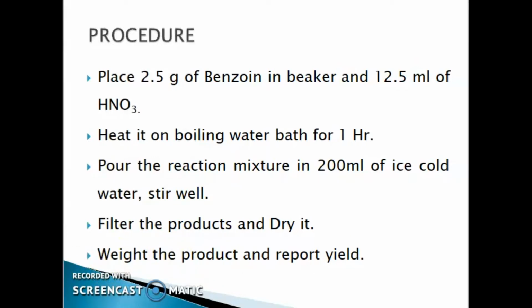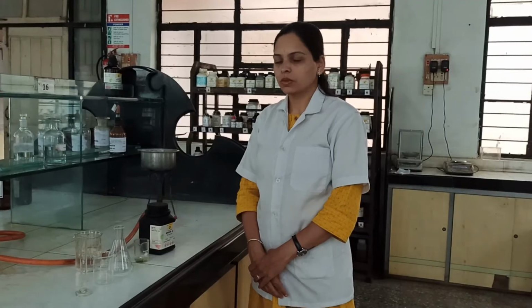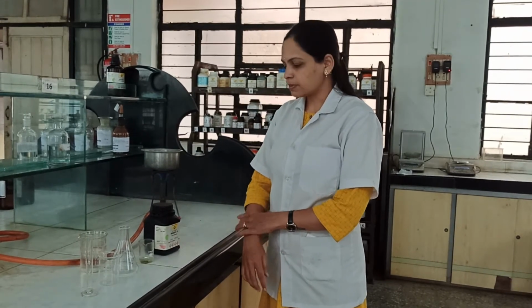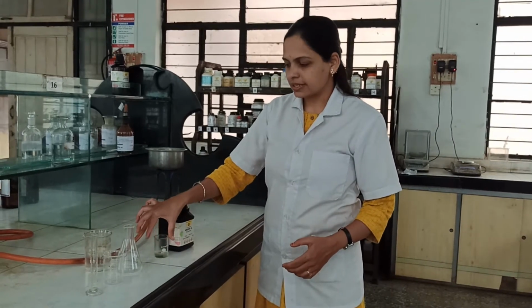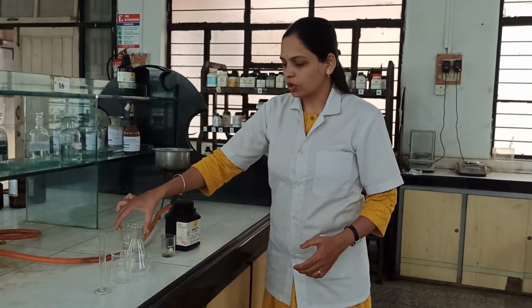Now we will see the actual practical for benzil from benzoin. Students, now we will proceed to the actual synthesis of benzil from benzoin. For this practical, we will require benzoin, concentrated nitric acid and ice cooled water.